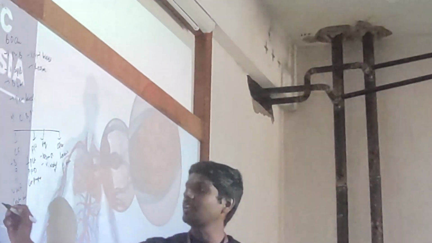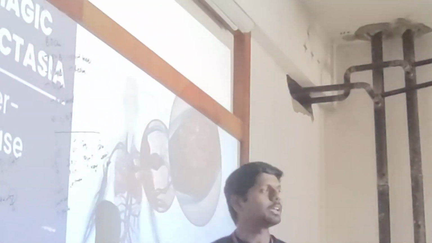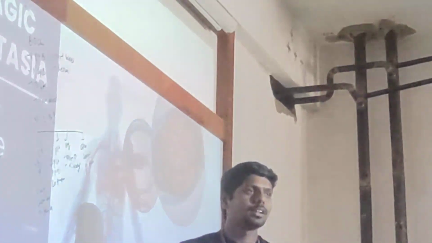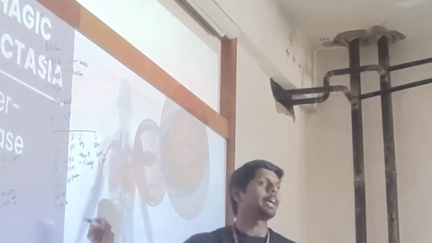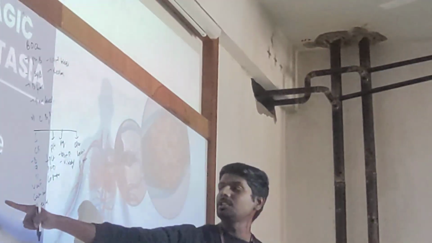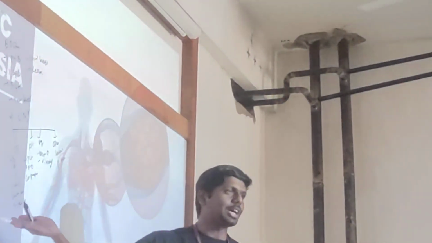Sometimes we purposefully remove vitamin K from the circulation by taking tablets. What tablet? Warfarin. Warfarin is an oral anticoagulant. The mechanism of warfarin is to remove vitamin K. If you write these points, that will be the best answer.